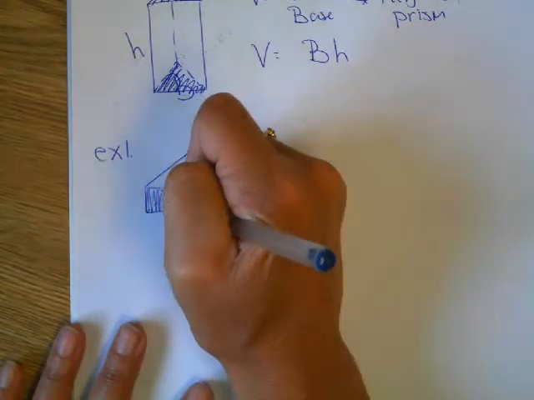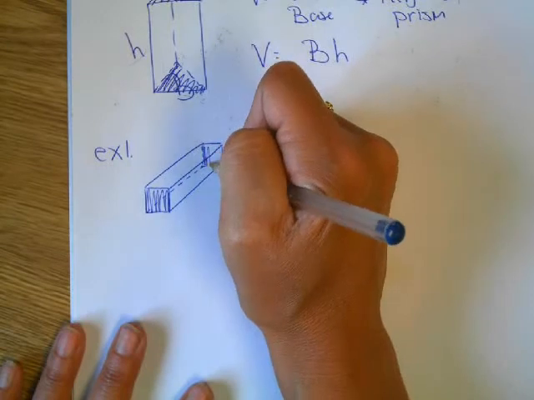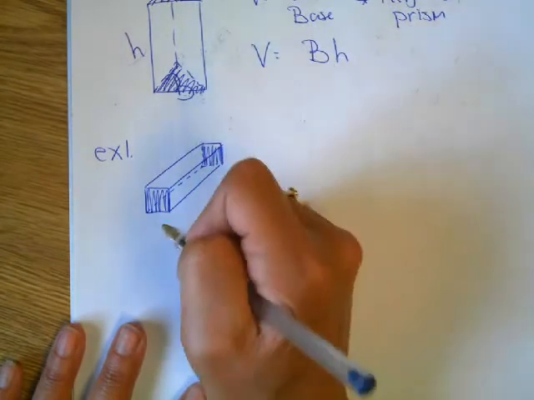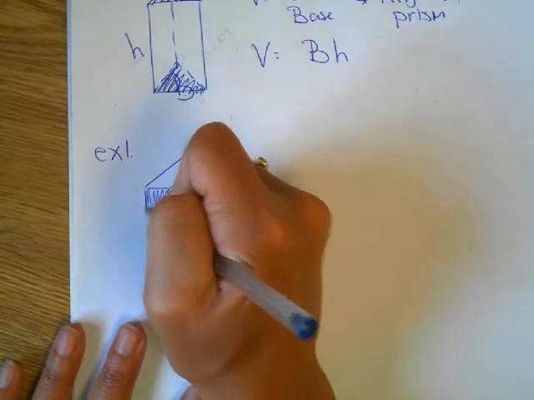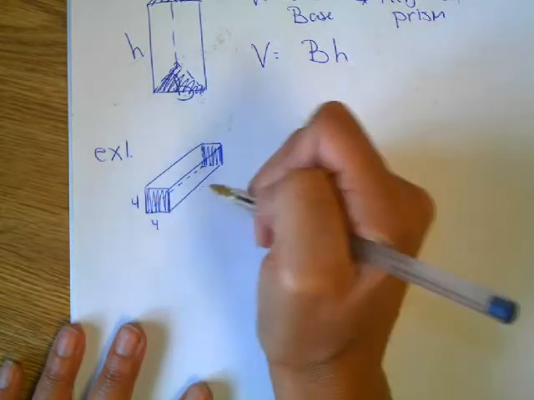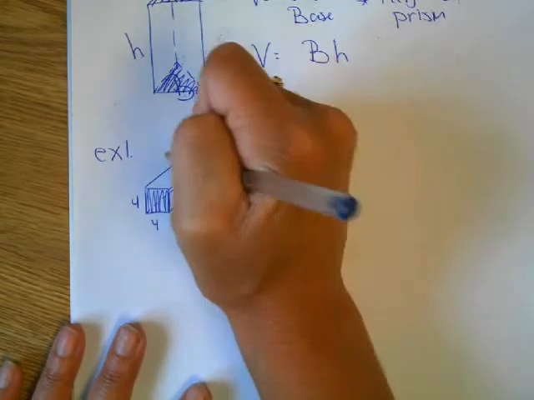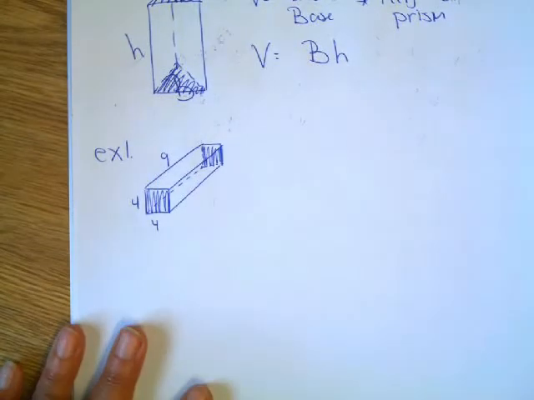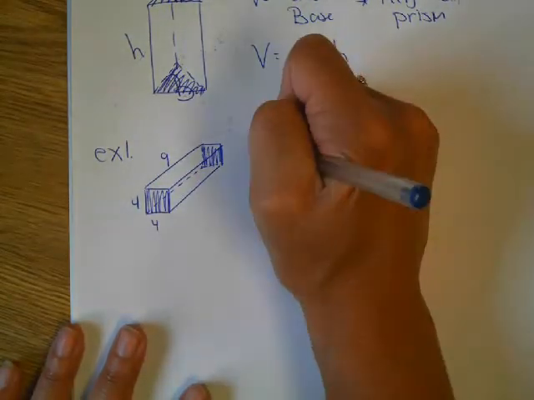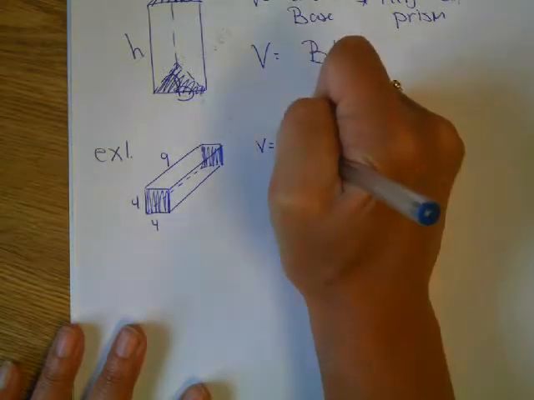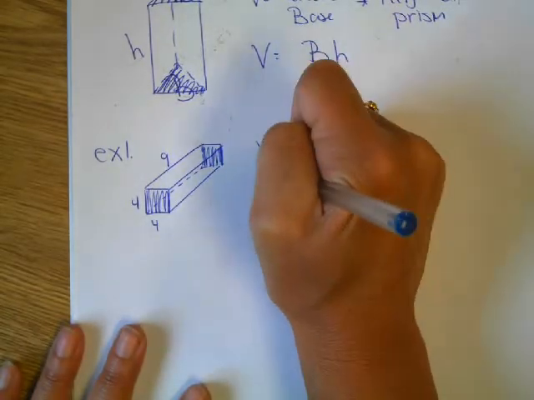So these are the bases here and here. So this is a square. We're going to go 4 by 4 square. And we're going with a height of, let's go 9. And all we're finding this time is volume. So we're not doing double problems. So volume is big B times H.